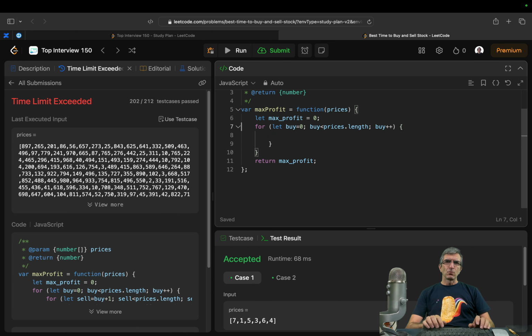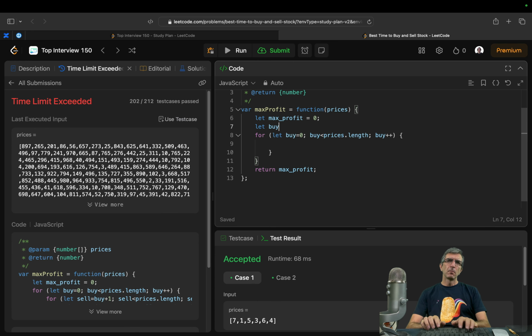Let's write it down. Let max profit be 0. Let buy price be prices[0], because on the first day I bought. So I can say check from 1, go. I can change this to "day" to make it a little bit more understandable. Here I will go day by day and check what's going on.